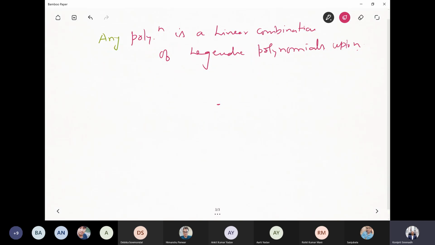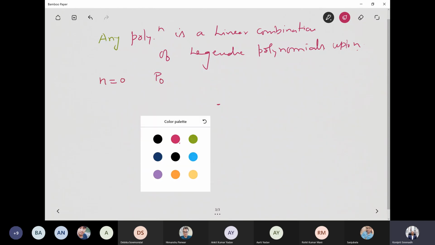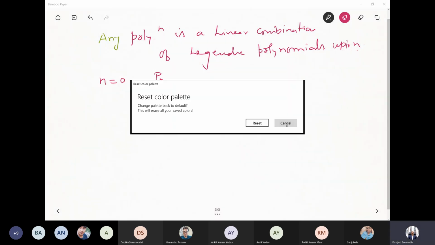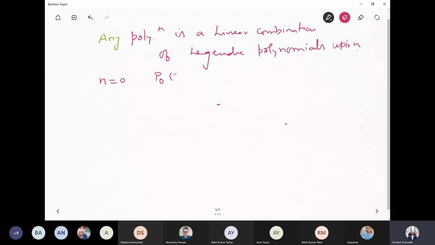Why is that? So we know that for n equals 0, P naught x is 1. Similarly, for n equals 1, P1 x is x. So the polynomials of order 0 and 1 are nothing but the Legendre polynomials.